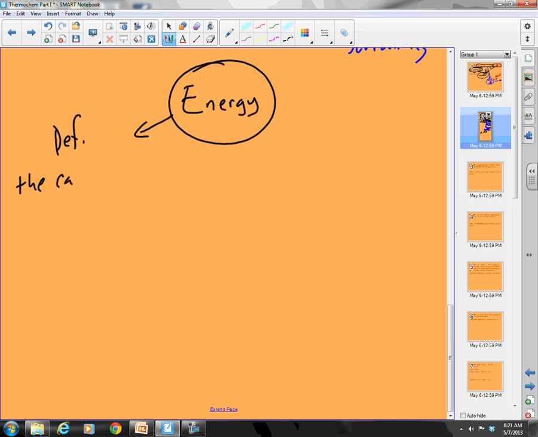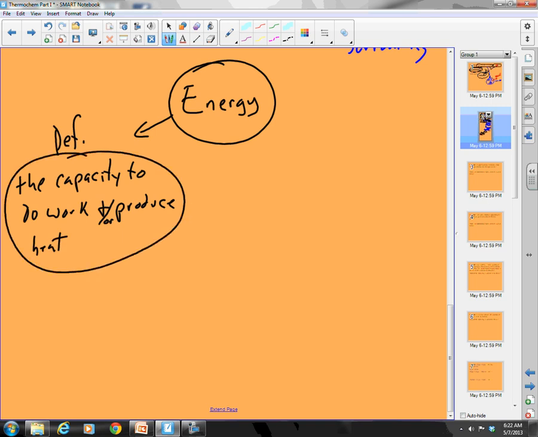The capacity to do work, and that's where my physics people often like to stop, and the chemistry people probably will go with this as well, and or produce heat. So that's what we're going to look at as energy: the capacity or ability to do work and or produce heat.